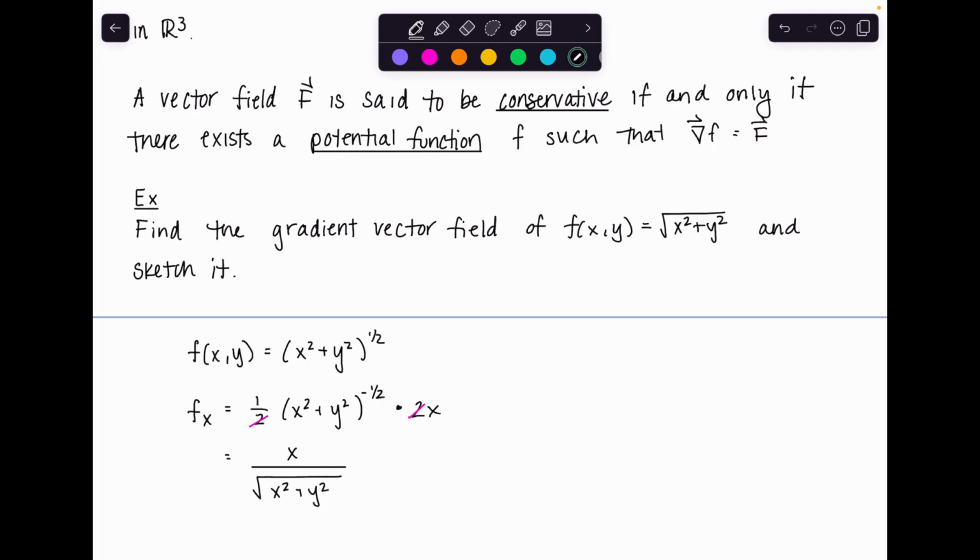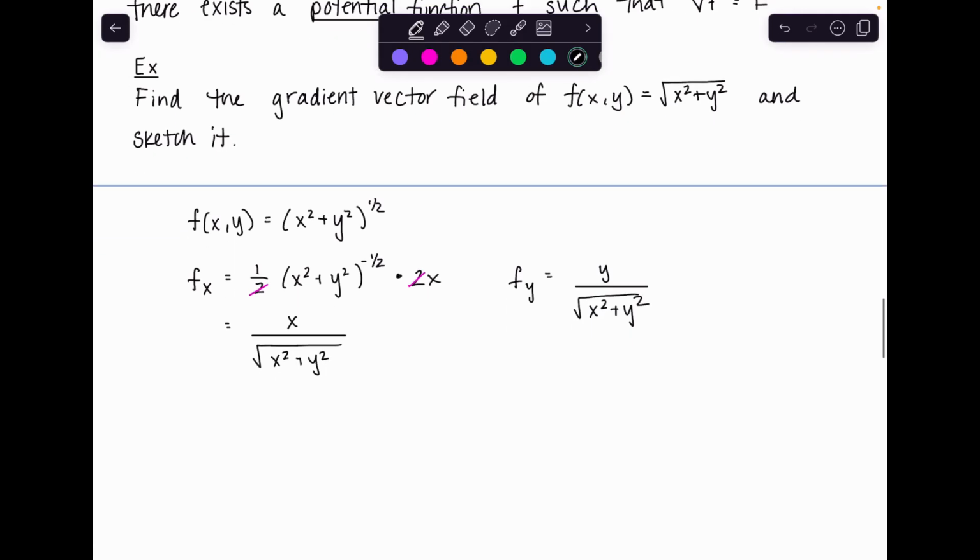And then realistically, if I take the partial with respect to y, all that's going to do is change what's out here. It's a 2y. So the partial with respect to y is y over the square root of x squared plus y squared. So the gradient vector field is the following.